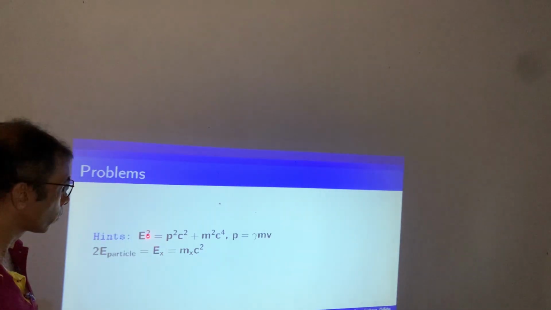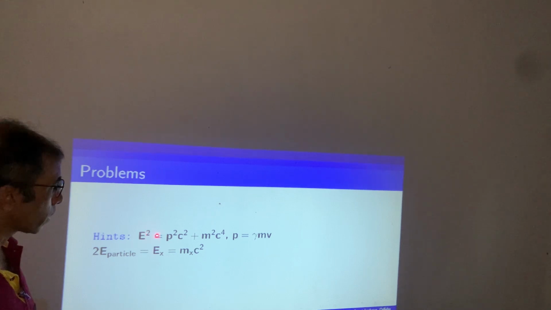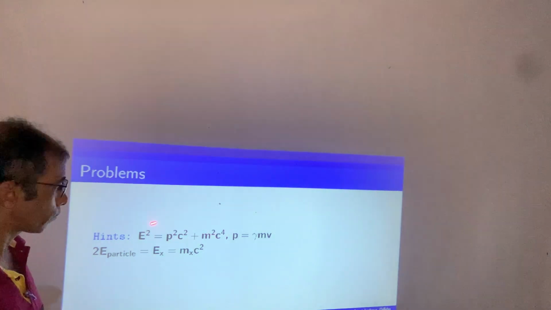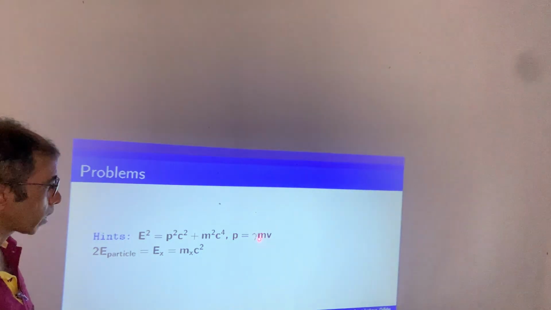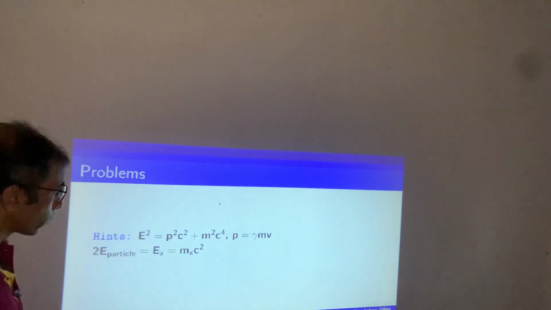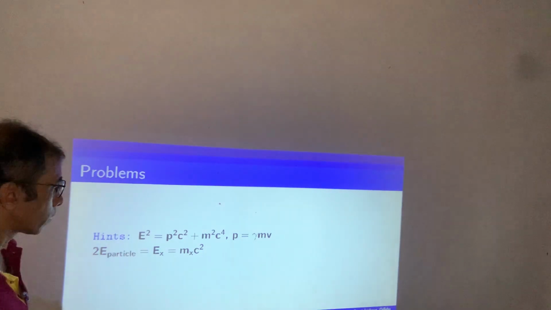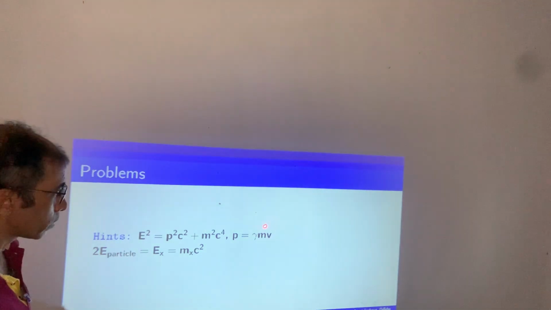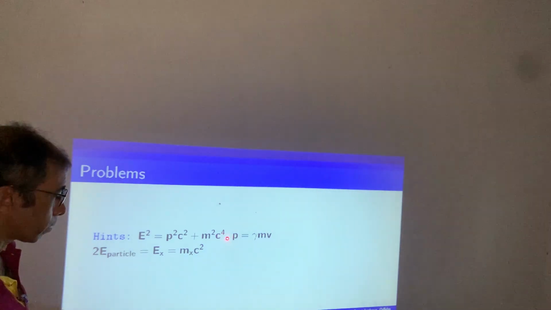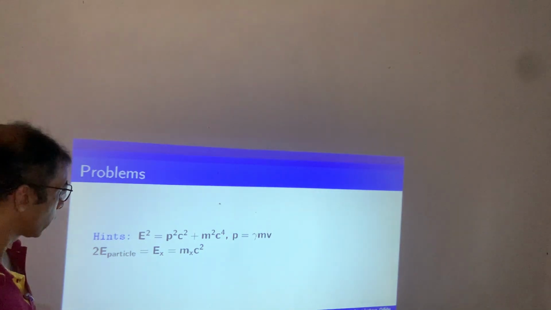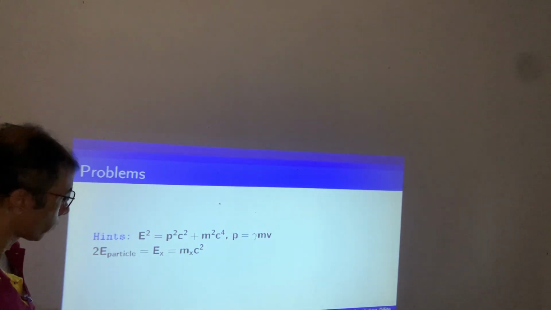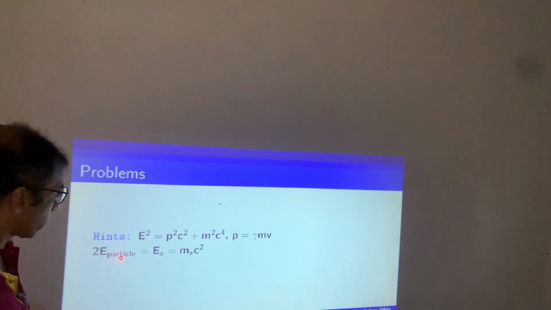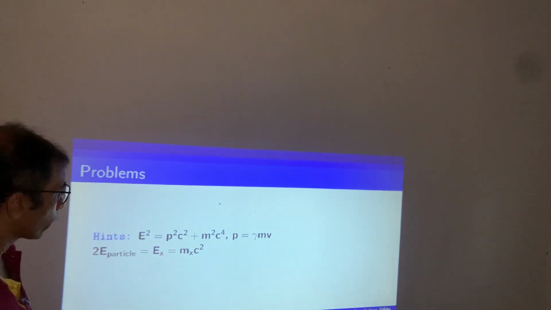So we will use two relations. E square is equal to P square c square plus m square c to the power 4, and P is equal to gamma m v. This is the relativistic momentum expression. Now what we have to find out is the minimum v.